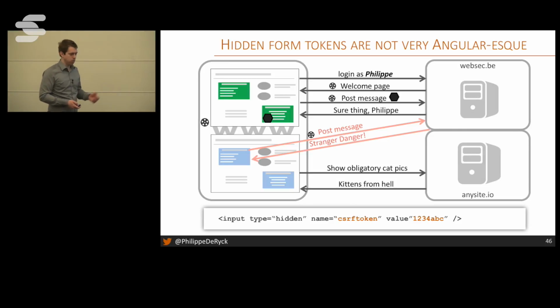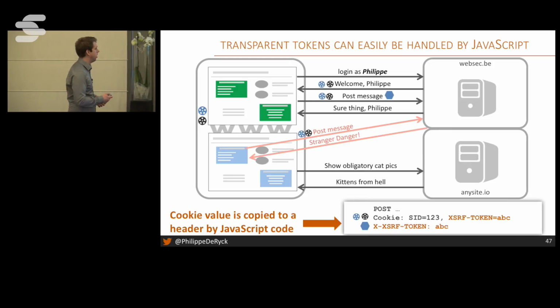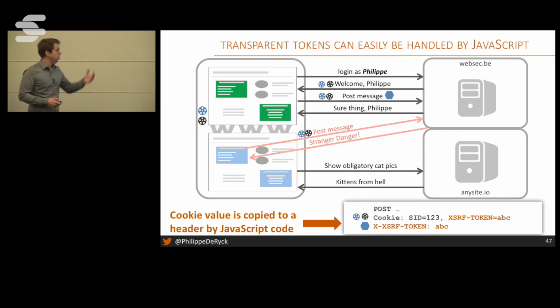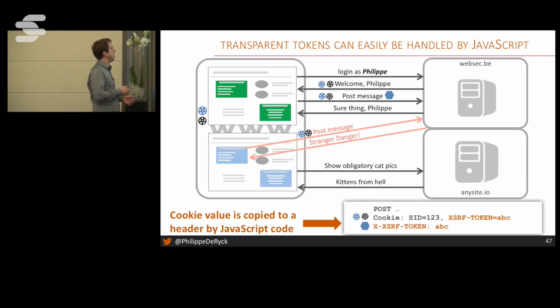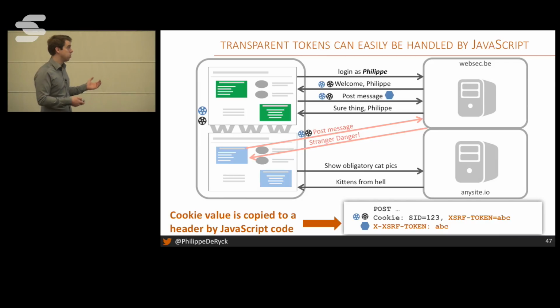This is not the Angular way of doing things. Let me skip ahead here. So the Angular way of doing things would be with a second cookie, because you put a token in a second cookie. The cookie is copied to a header here and can be checked by the server. This doesn't require any HTML code. It simply requires some JavaScript code running on the client, having control over requests, and essentially that's what Angular is.